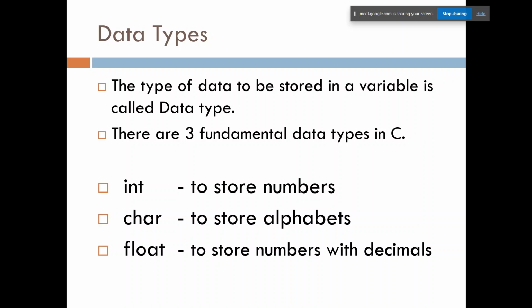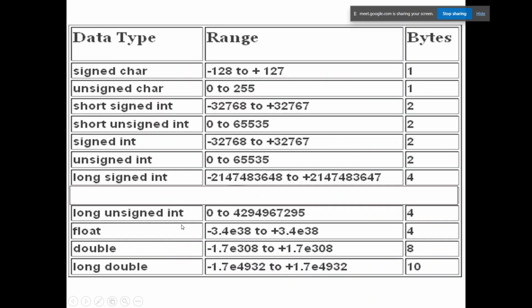Integer stores numbers without decimal places, positive or negative. Whenever you have decimal places, only then do we go for float. These are called the basic and fundamental data types in C language.